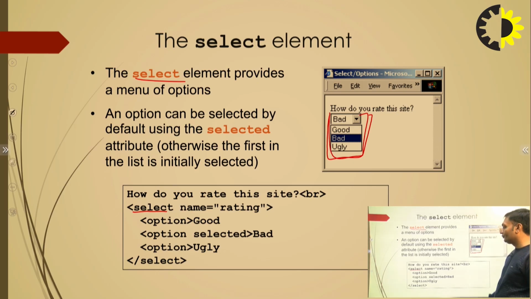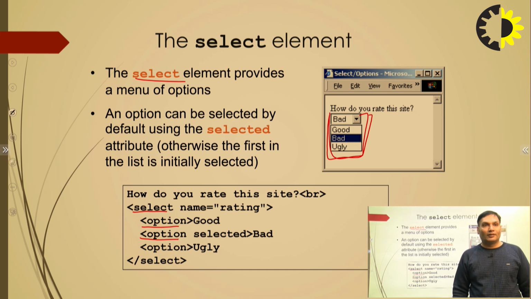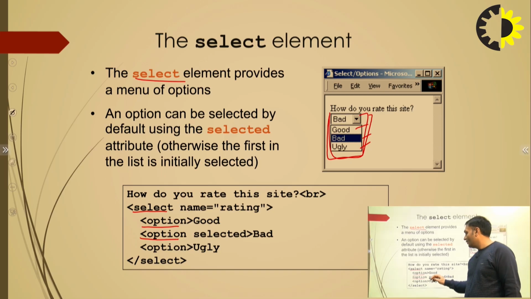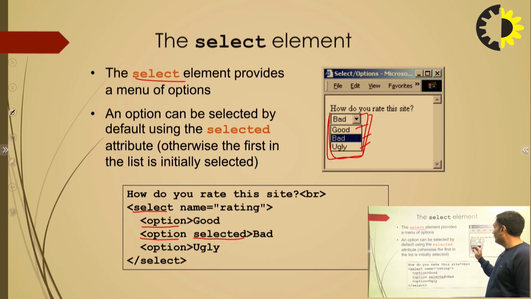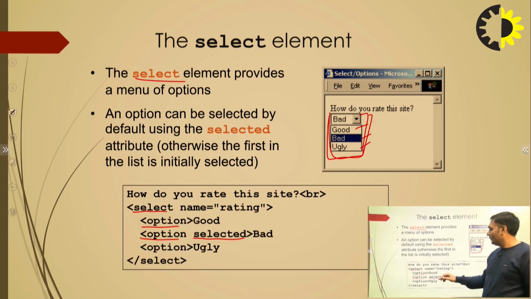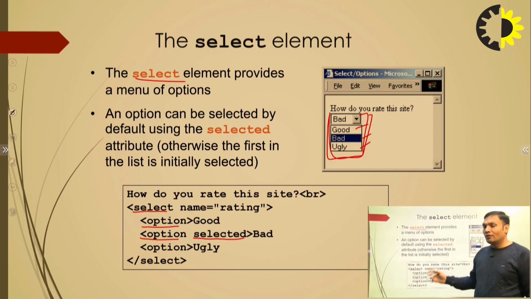And inside this select, we can write option, which is a sub element of this tag, and whatever options we want to give will be displayed here. If we want to display an option as selected by default, we can set selected here. And if we want to select a different value, then we can opt for the different value.